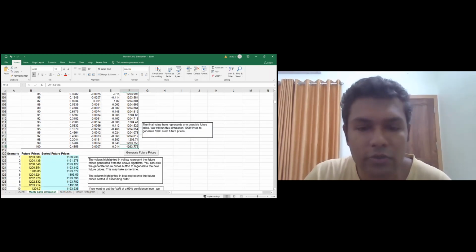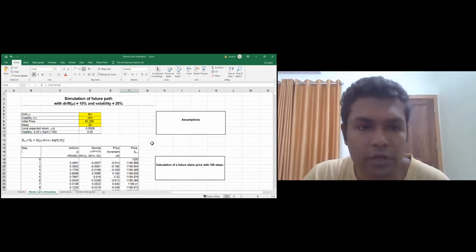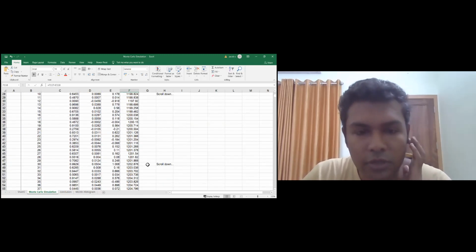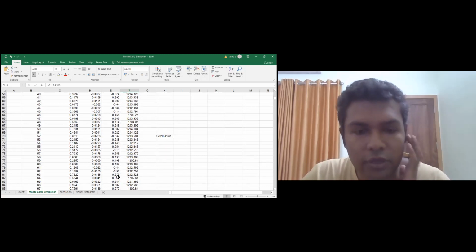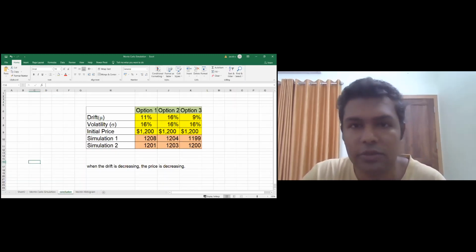It helps us to generate the future value of prices by considering various influencing factors that can happen in the market. There is one more part, the histogram, but since my system won't support this virtual platform, we can't perform this. So this is the Monte Carlo simulation method. Thank you.